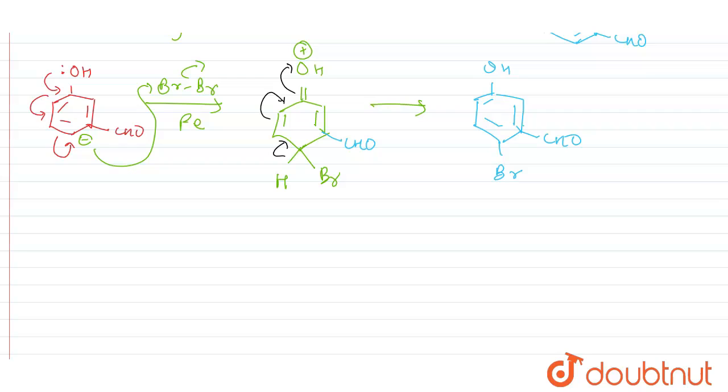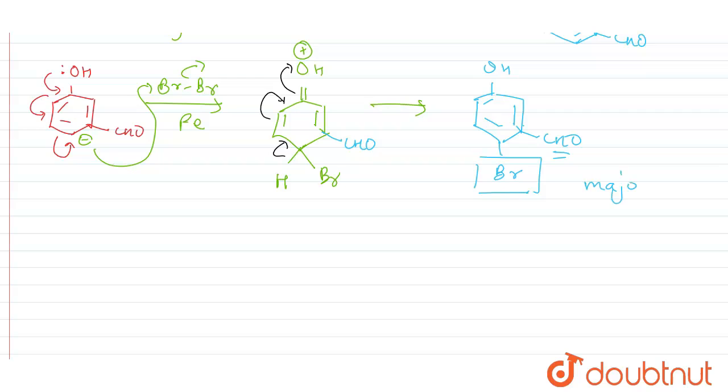So here if you see, there is minimum steric repulsion experienced by this bromine. There is only repulsion between CHO and Br, and CHO is a small group compared to OH, and hence this bromine will feel the least steric hindrance because OH is kept at the farthest position possible, and therefore this will be the major product.